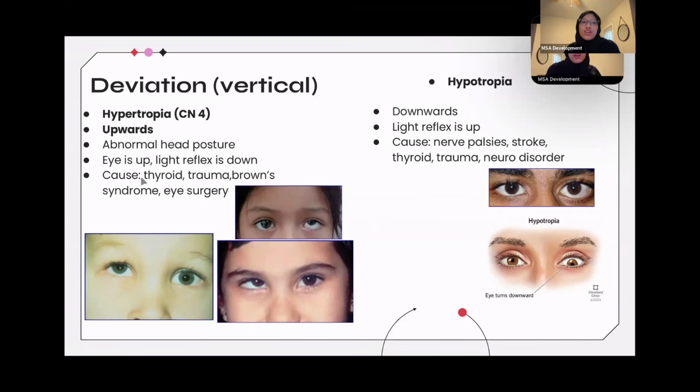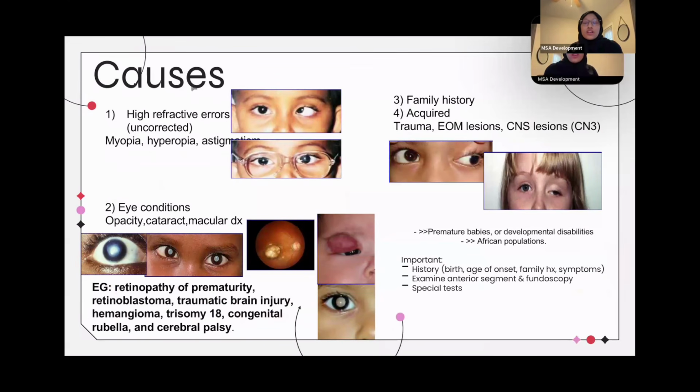It can be caused by a lot of things like thyroid disease, eye surgery, nerve palsies, and so on. Again, don't bother yourself with the causes. Just remember that deviation and the light reflex are in the opposite way. What are the causes of strabismus on its own? Strabismus can be caused by all these malpositions of the eye.